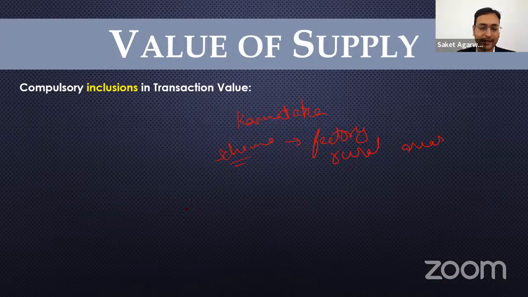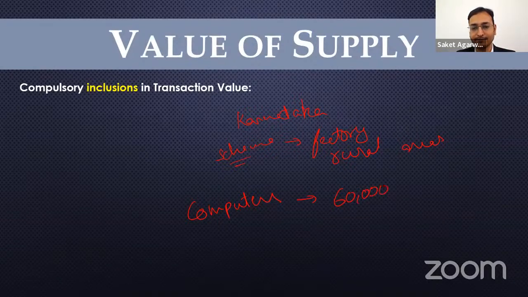There is a person, he came, he set up the factory in the rural area. Let's say the factory is for computers only. The factory is for computers. The selling price for one computer, let's say it is 60,000 rupees.